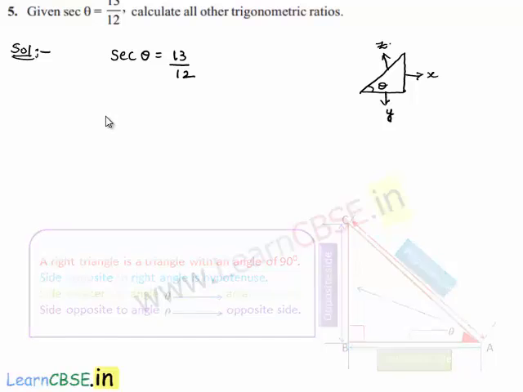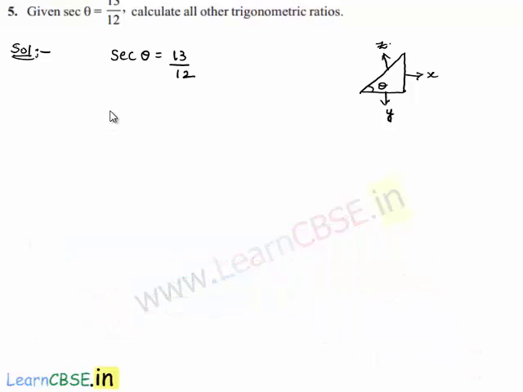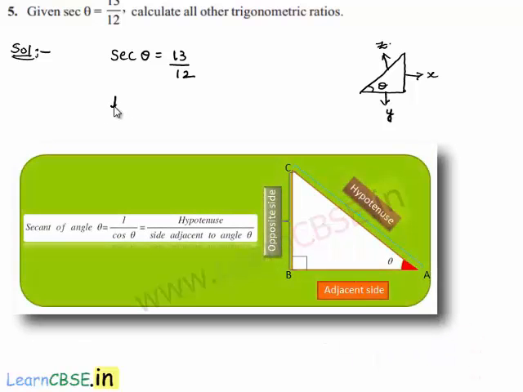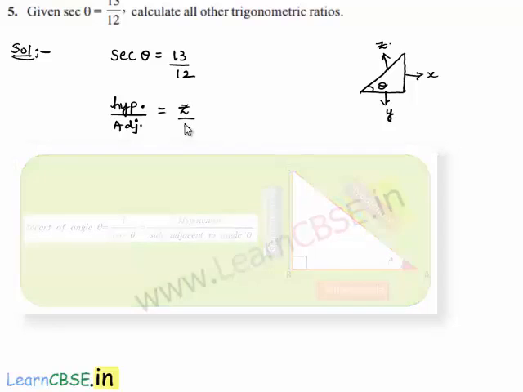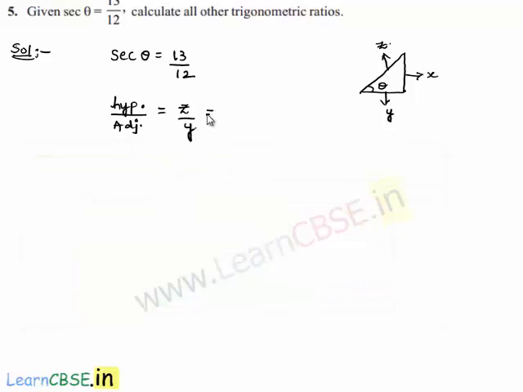Now we know that secant of an angle is equal to hypotenuse by adjacent side. Here the hypotenuse is nothing but z and the adjacent side of angle theta is y here. Now this can be equated to secant theta, but he gave the secant theta value as 13 by 12.